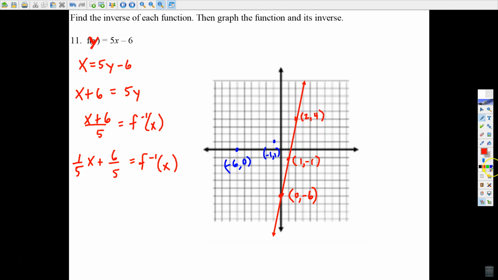And when I turn those around, switch places with them, I plot the point 4, 2 for the inverse. And that's always a way that you can get the inverse graph. Right? And so the blue represents the inverse. The red represents what I'd call the original function. That's your complete answer for number 11.